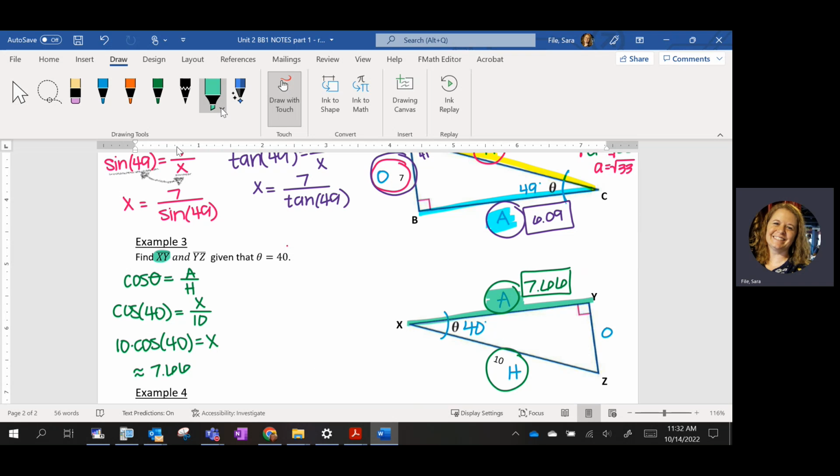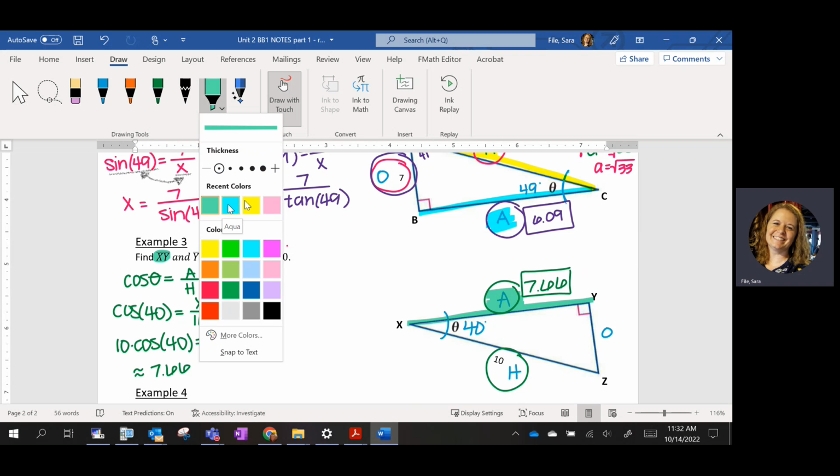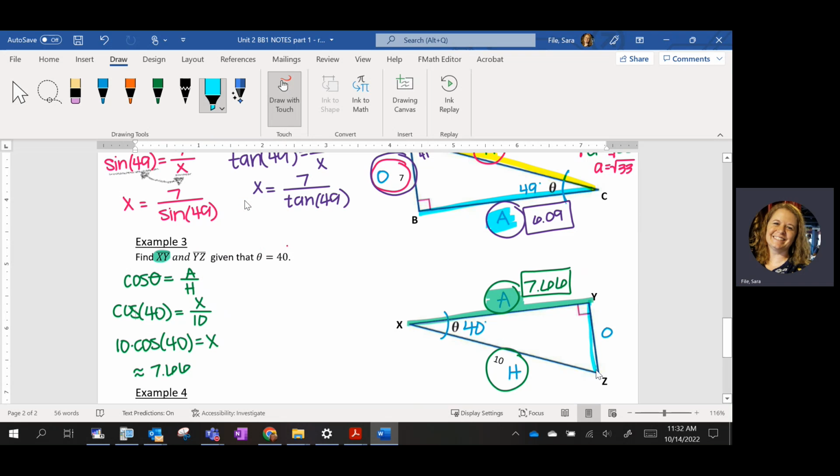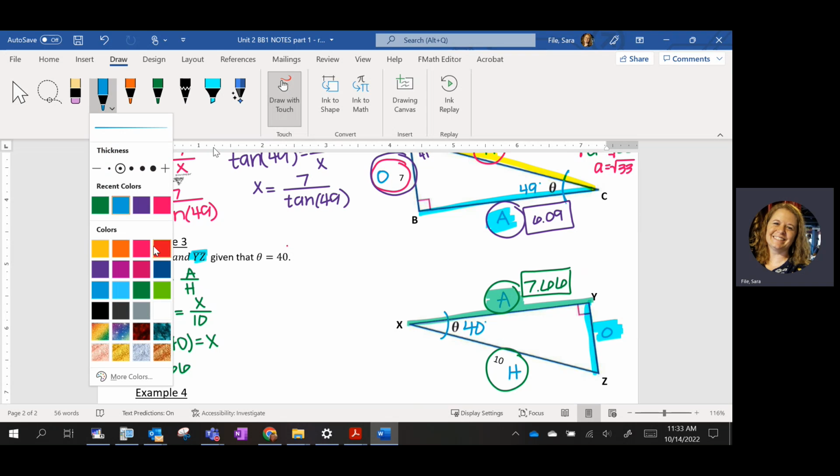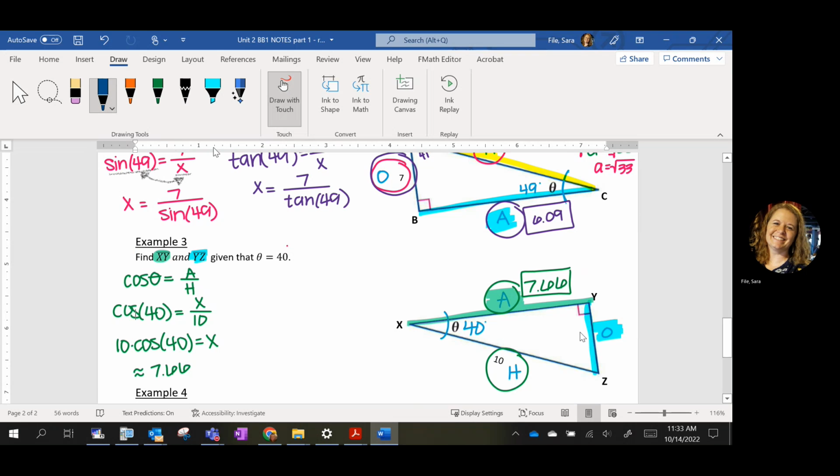Okay, and then the next side that they ask for is YZ, which is O. So when I want the opposite side, and I know the hypotenuse, what puts O and H together? Sine.